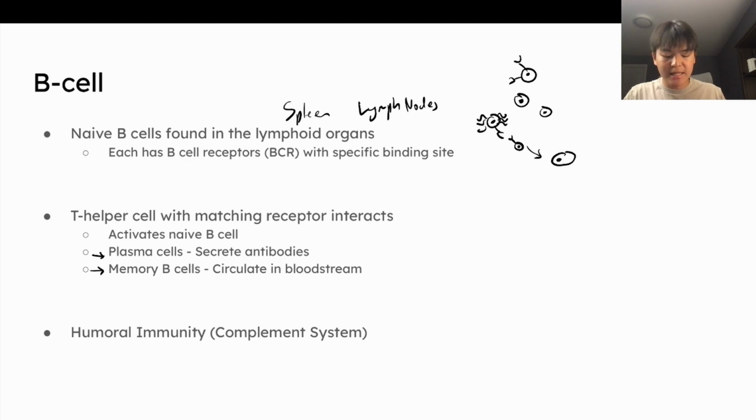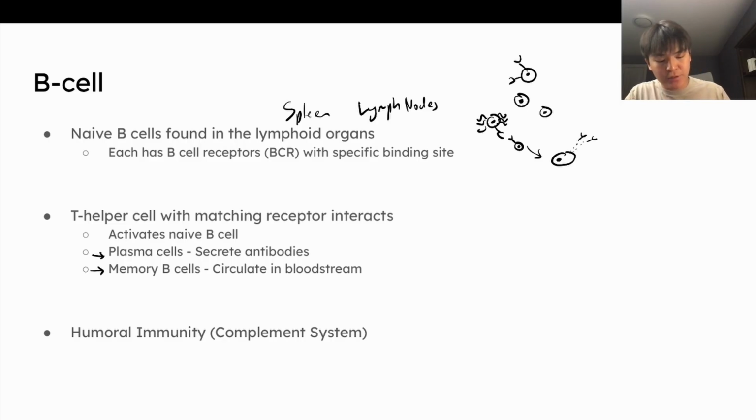Well, he knows exactly what antigen he ended up using, right? Now, that antigen can have a specific antibody associated with it, right? That's what this plasma cell does. He starts producing a lot of antibodies, right?